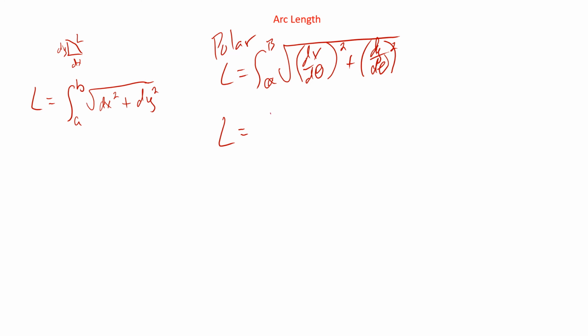is the length from alpha to beta, or the length is the integral from alpha to beta of the square root of f of theta squared plus f prime of theta squared.